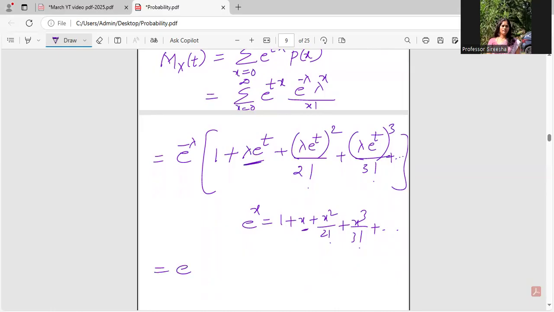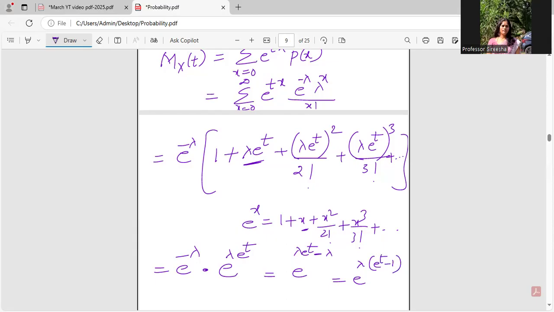So e power minus lambda into e power, see carefully, I have a lambda, I have e power t. Or I can club both of them because the bases are same, I can add the exponents. So e power lambda e power t minus lambda. If I take out lambda common, then I'll be having e power t minus 1.